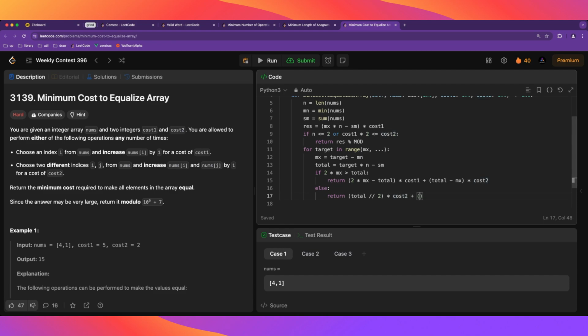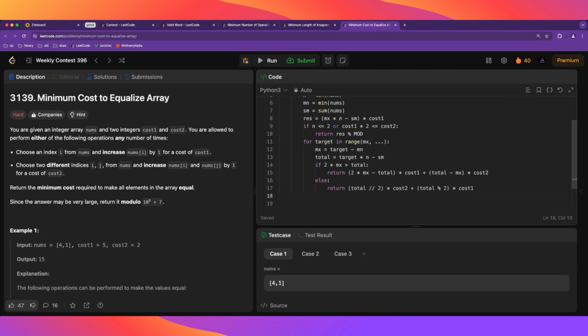And then if we have a remainder, we're forced to do that one, because if the number of increments is odd, then we are forced to do one on its own of cost 1.